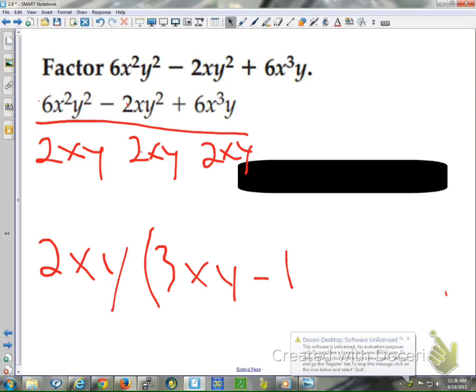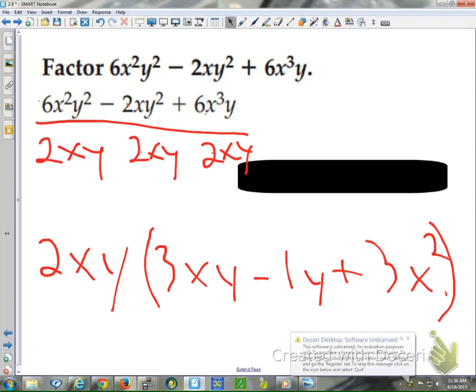X divided by x? Nothing. X divided by x cancels. Y squared divided by y? Y. Plus 6 divided by 2? 3. X cubed divided by x? X squared, and then the y's cancel. This is the fully factored polynomial. This is easy. I'm glad you think so.